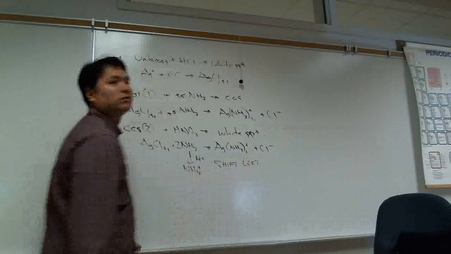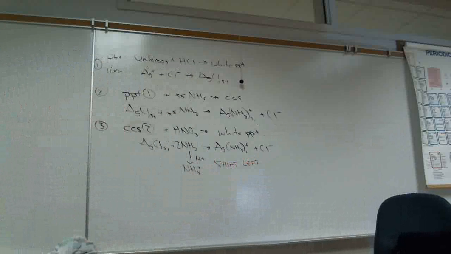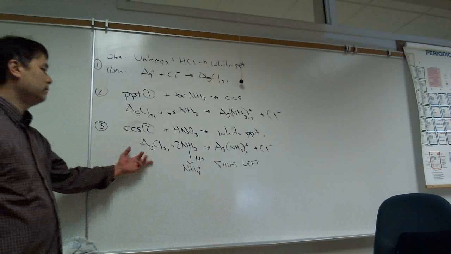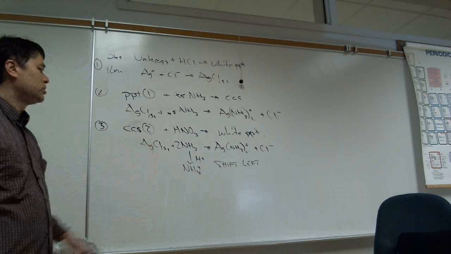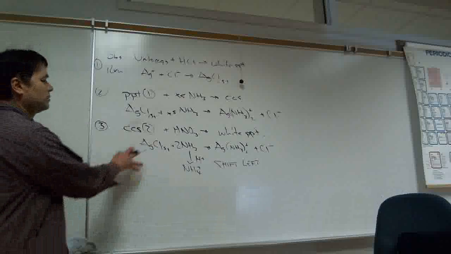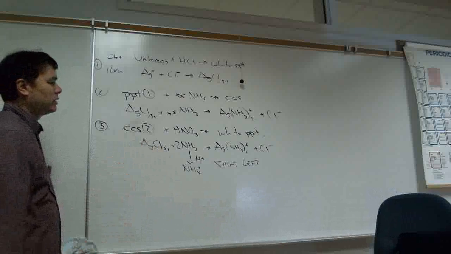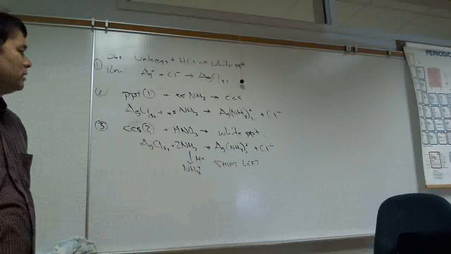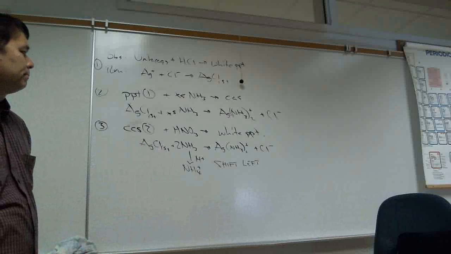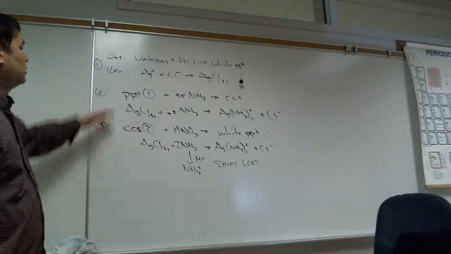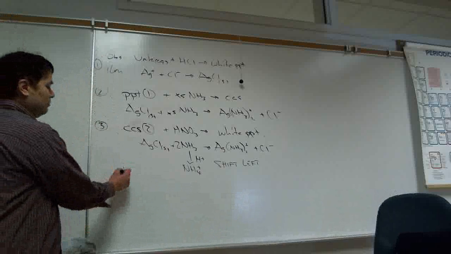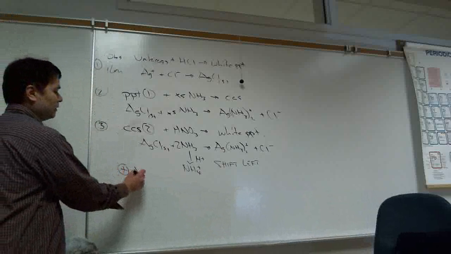Le Chatelier's shift left. That's another way. Later on we're going to see this as 2 equilibria in chapter 18, where we're going to write it a little differently. So this type of stuff we'll just write like this for now. If you go through all these, then we test positive for silver.